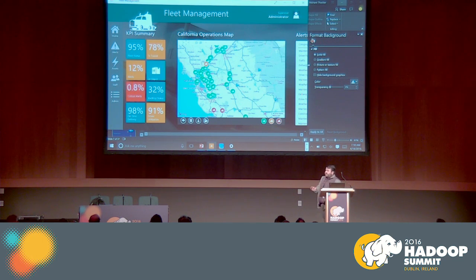What you see on the map are locations of trucks that are being tracked. All of these trucks are currently on the road. Each of these trucks has hundreds of sensors in them, and each of those sensors is sending out a data point every second, and every 10 seconds you get about 50 additional data points from this particular truck.